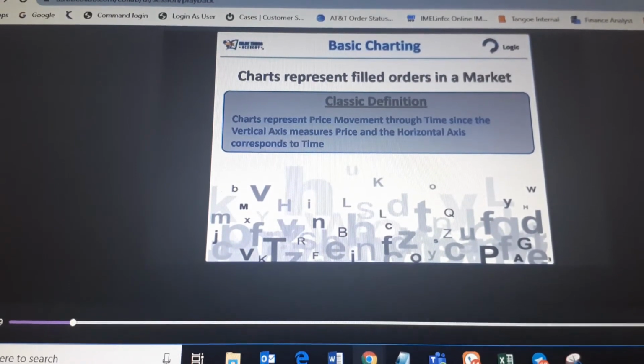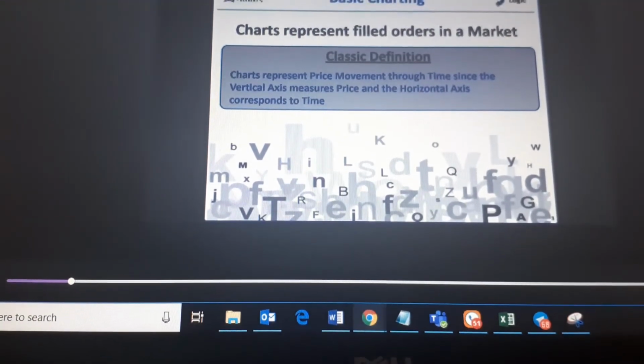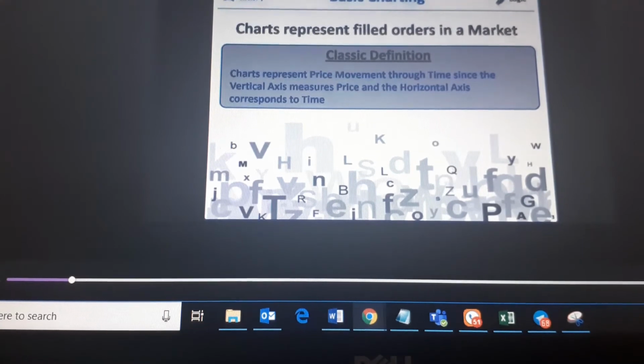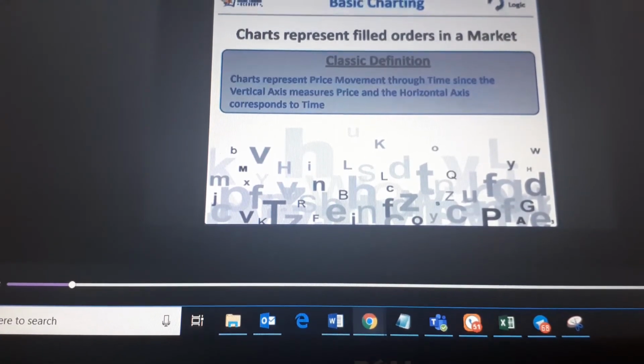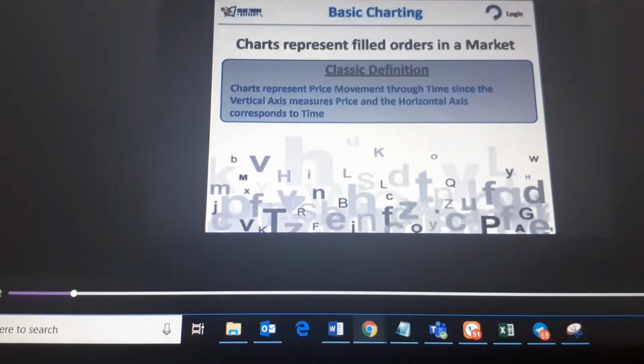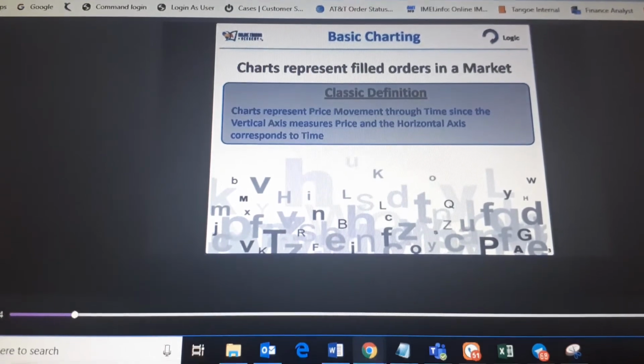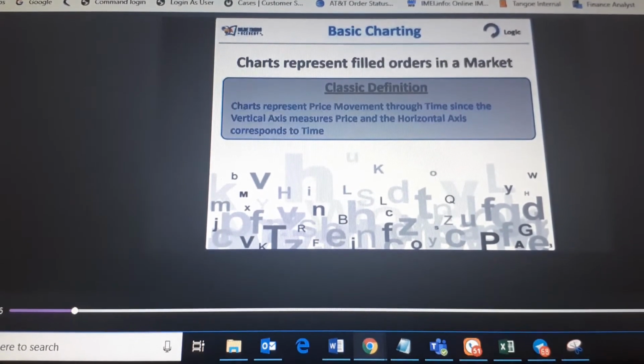So always on the x-axis you will have time on a price chart, and on the y-axis you will have price. And that will show you filled orders, because if a candle is formed on a chart, it is formed because there are orders on the chart, and those orders are filled.